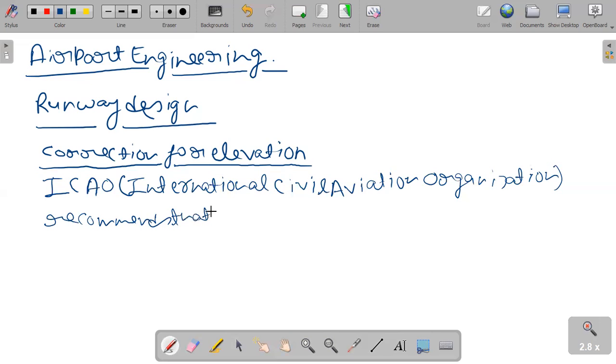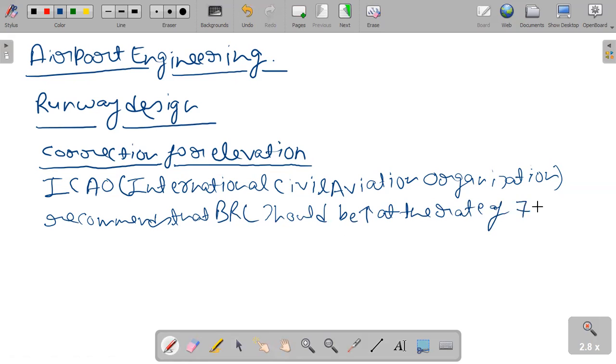ICAO recommends that the basic runway length should be increased at the rate of 7% per 300 meter rise in elevation above the mean sea level. So this is the correction for elevation: 7% per 300 meter rise in elevation above the mean sea level.